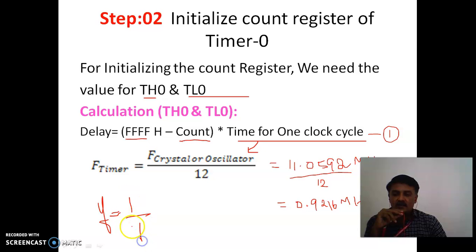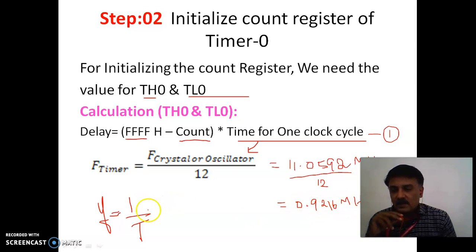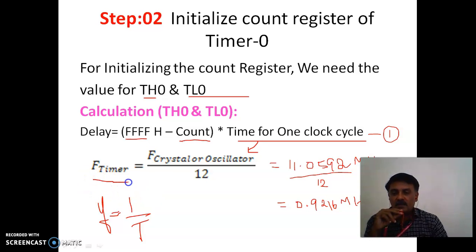The timer frequency is equivalent to the crystal or oscillator frequency divided by 12, which is 11.0592 megahertz divided by 12, and the answer is 0.9216 megahertz. So we have calculated the timer frequency.